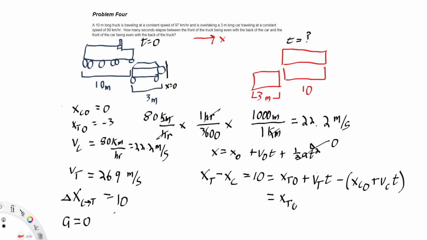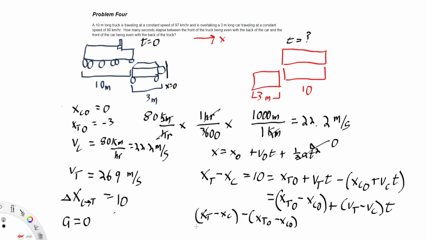So we have the difference in the initial positions plus the difference in the velocities times t. And we can go ahead and solve for t in this case. So we have xt minus xc minus the difference in the initial positions, all divided by the difference in the velocities.